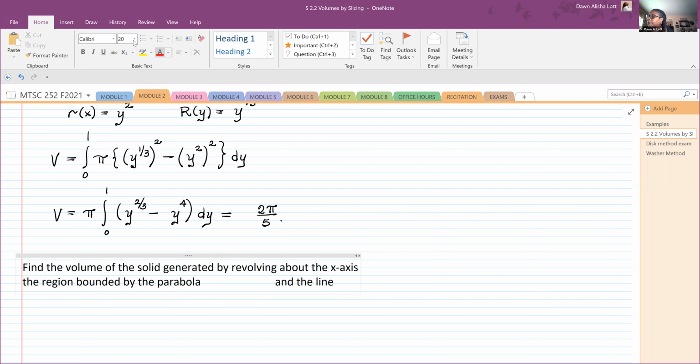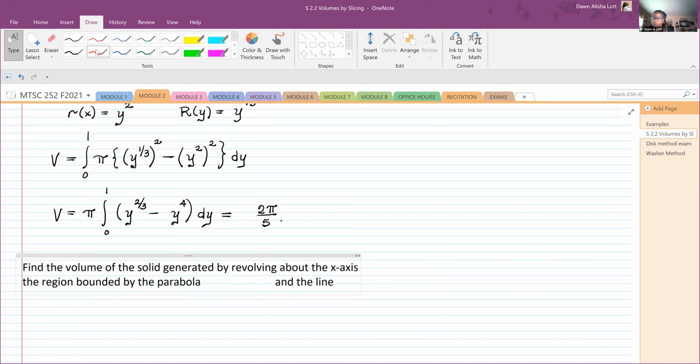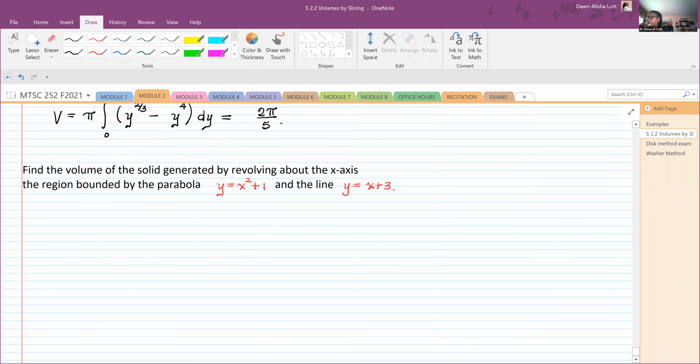Okay. So the parabola is y is equal to x squared plus 1. And then I have a line, y is equal to x plus 3. Okay. So I'm going to draw this thing. I'm going to let you guys draw it first. So take a moment and try to draw this.